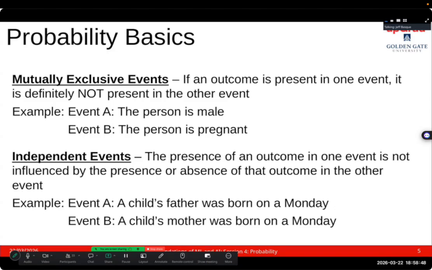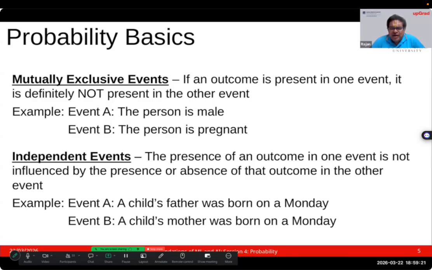But when you say 2 events, it implies 2 different events. I was thinking, if one thing happens, then another event cannot happen.